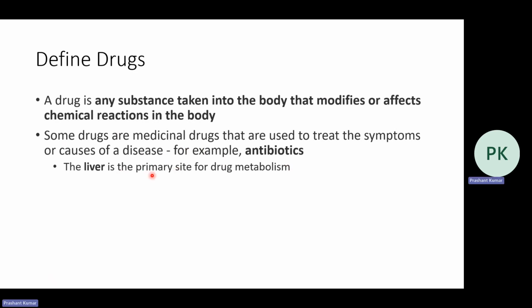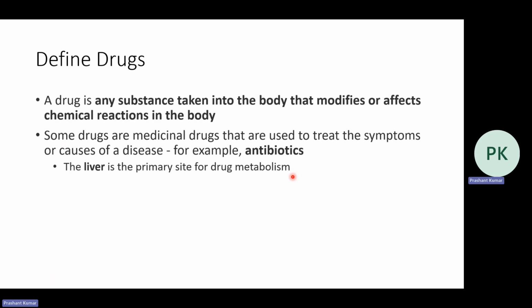The liver is the primary site for drug metabolism. Whenever we take any medicine, the liver is the first organ in the body which controls, regulates, or you can say metabolizes it. The liver is a checkpoint actually, where everything is being checked: is it good or is it bad?